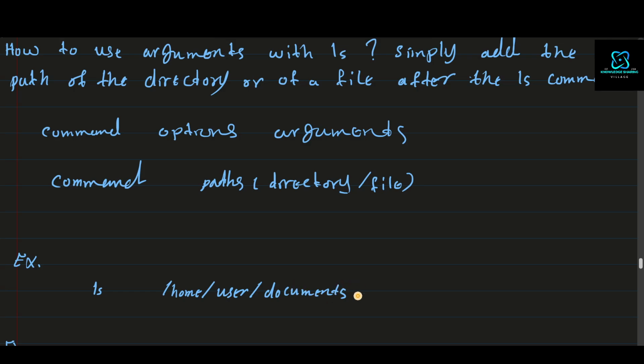You want to list the content of this directory called documents. The output of this execution will be that it will list the visible content of the documents in the alphabetical order, just their name.